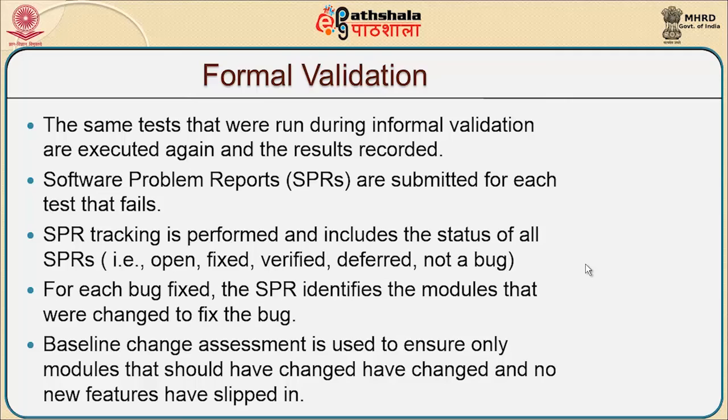So, we prepare a report which is called a software problem report that is submitted for each test that fails. So, this software problem report will be given back to the respective project heads for them to give a detailed description of why this failed.